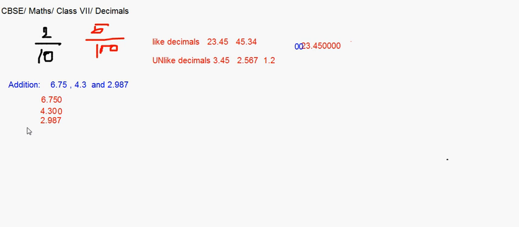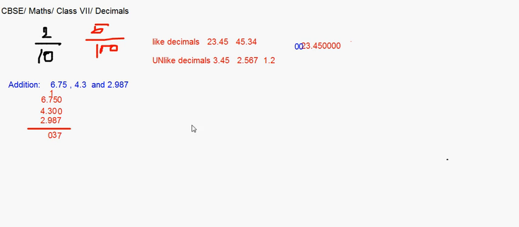Now if I add them, what do we get? The thousandths place will get a 7. This is a simple addition as you generally do. And then this is 13. I'll keep 3 here and carry 1 up. That will make it 20, so a 0 here.